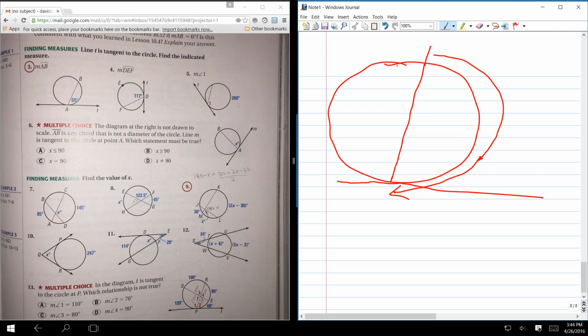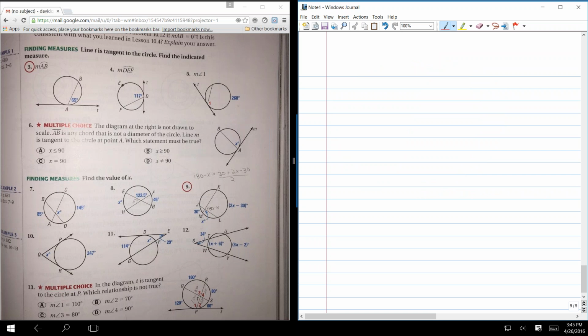And that's what you have to realize. And that's what you did here, is double that angle, even though it was not two chords, it was a chord and a tangent line. The rules are still the same.